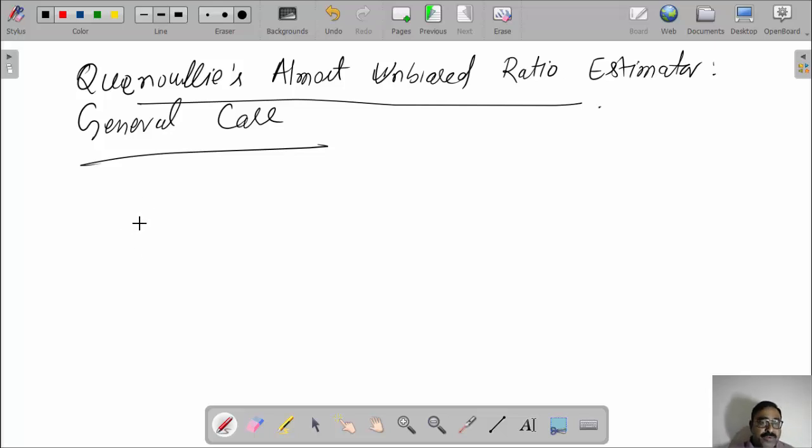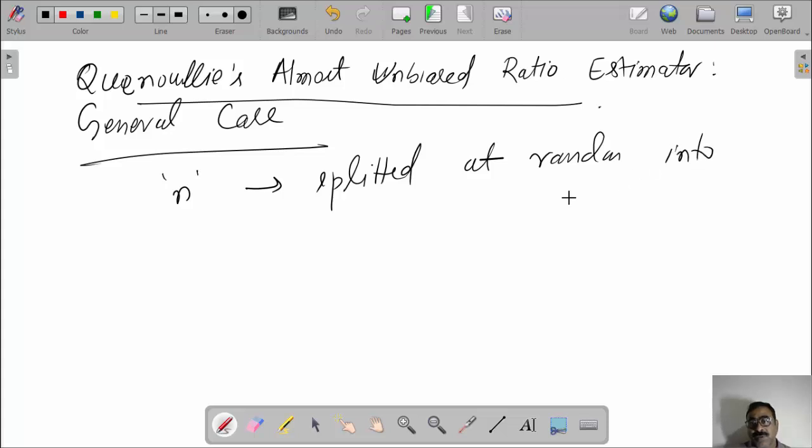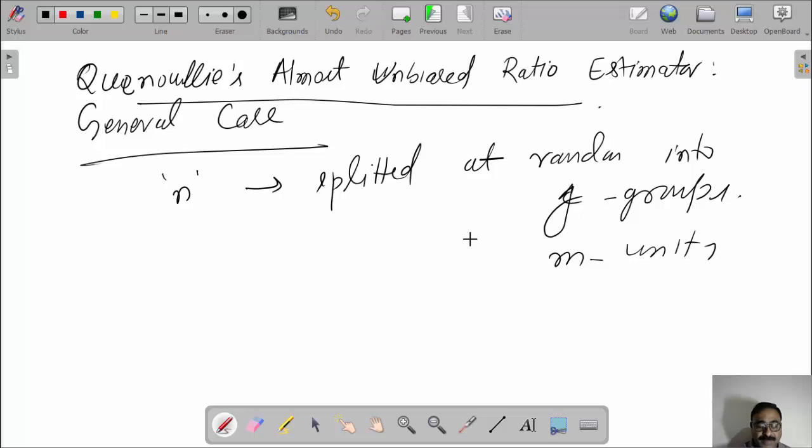Now here we have a random sample of size n which is split at random into G groups, each having m units, so that n equals m into g.